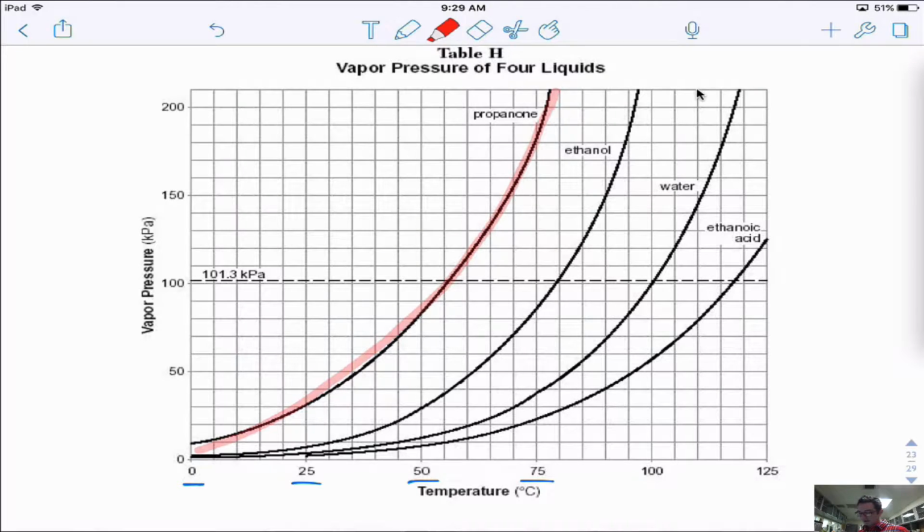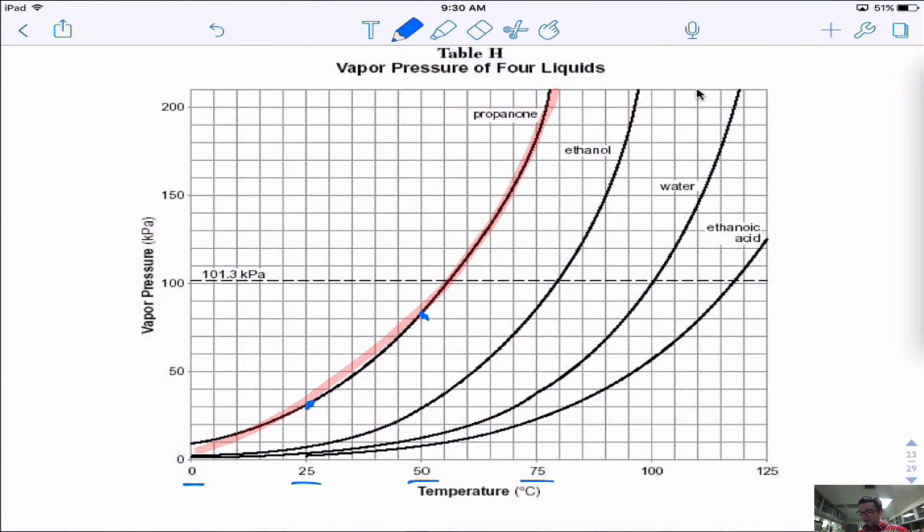So, if I'm at 25 degrees Celsius over here, for propanone, I'll have a vapor pressure of about 30. If I'm at 50, I will have a vapor pressure of somewhere between 80 and 90. More gas evaporates. As more gas evaporates, that tells me there is in fact more gas exerting pressure. That means that there is a higher vapor pressure.